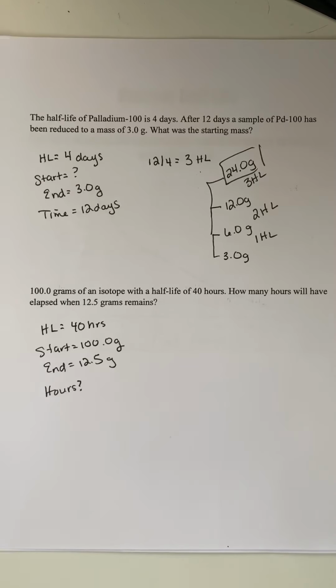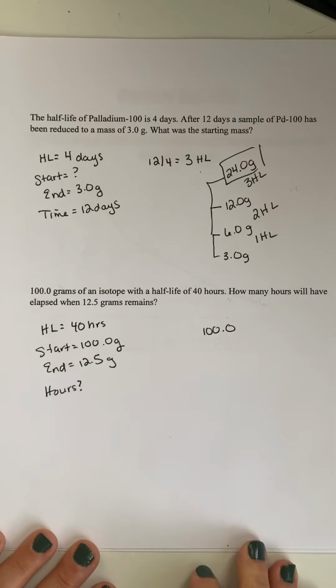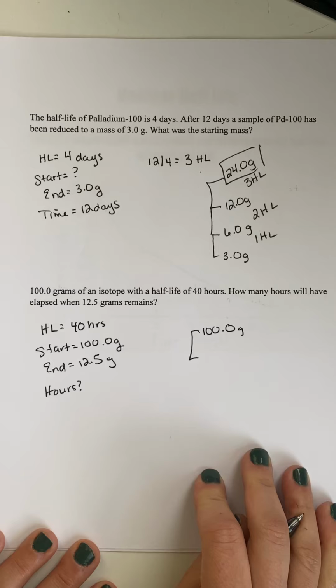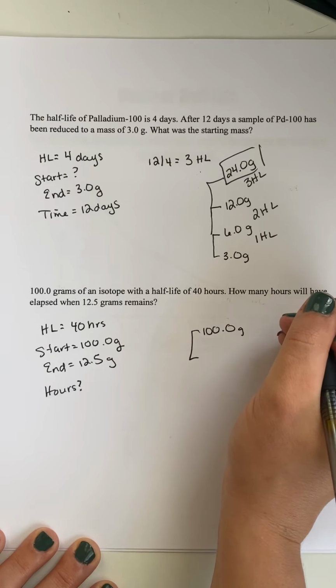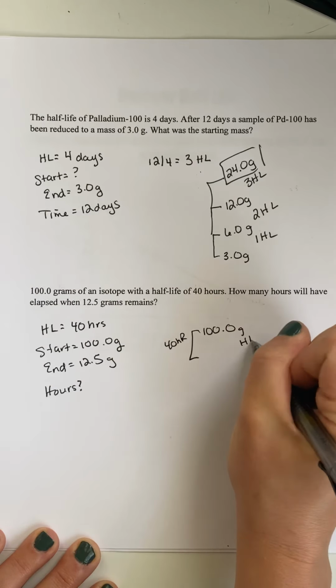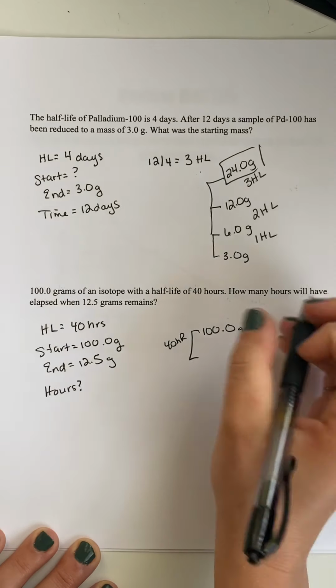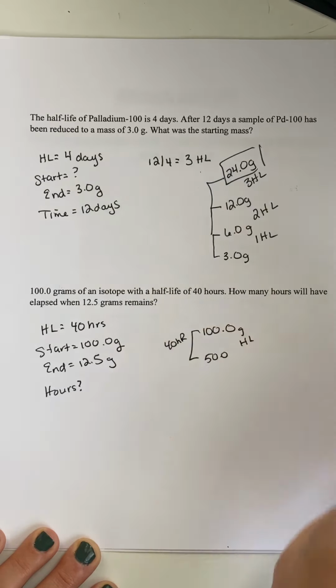So let's start with our starting amount. I start with 100 grams. And when one half-life has passed, I know that 40 hours has passed. And 100 divided by 2 is 50 grams.